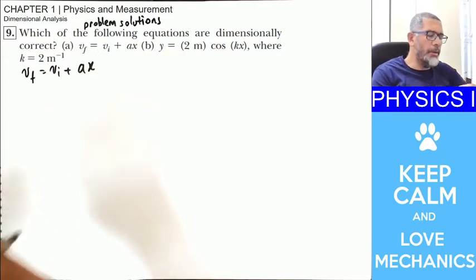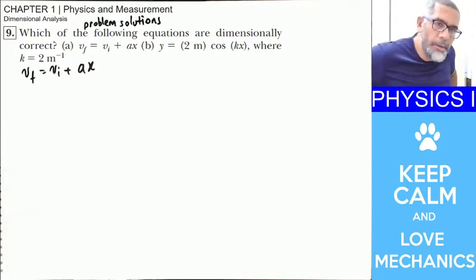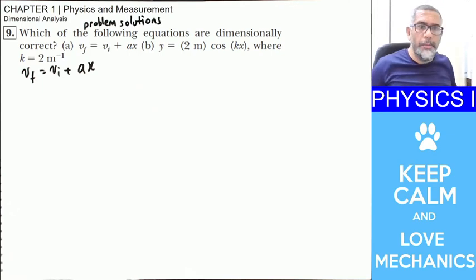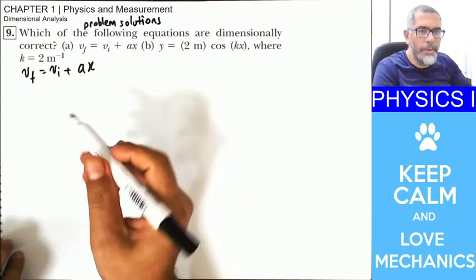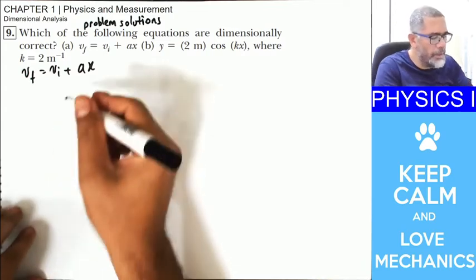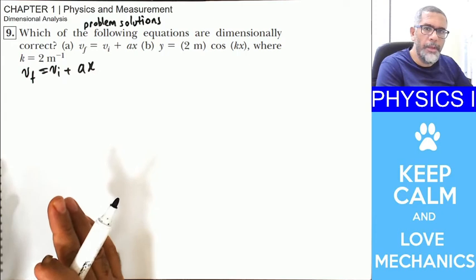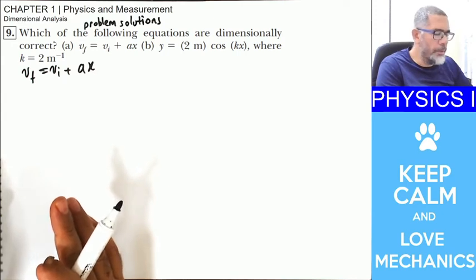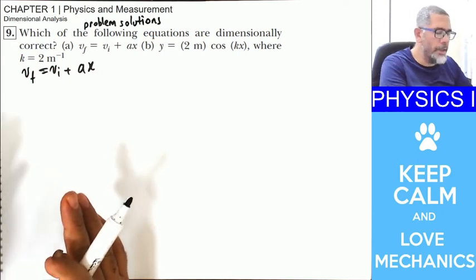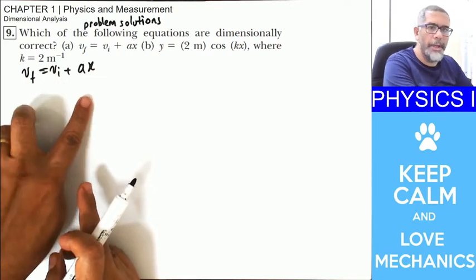Well, we don't know whether this equation is physically correct or not. We don't care about it, but we only analyze its dimensional correctness. What I mean by dimensional correctness is this is an equality, and what we need to be correct dimensionally is that either side of the equation, left and right, must have the same dimension.